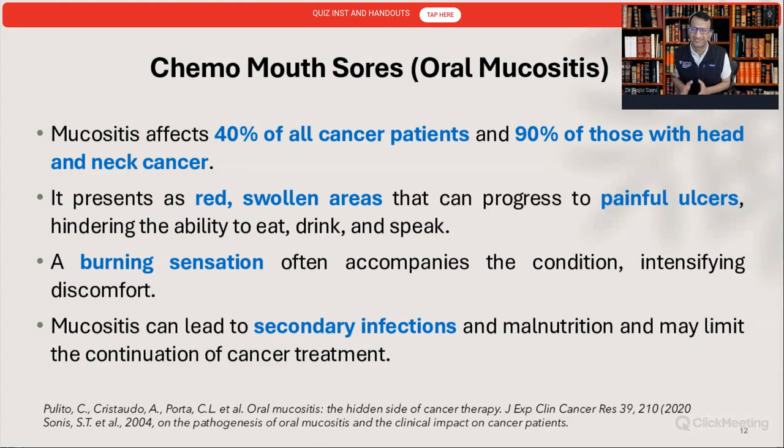It's not only a physical challenge; these side effects also create emotional challenges in the family. So we have to be very careful and mindful in providing solutions to these side effects and the challenges associated with cancer treatment. Mucositis is also responsible for secondary infections as well.